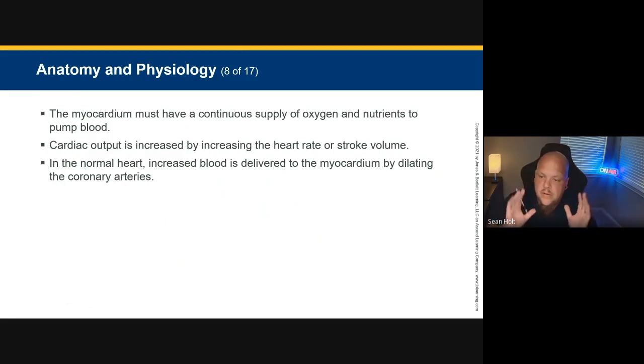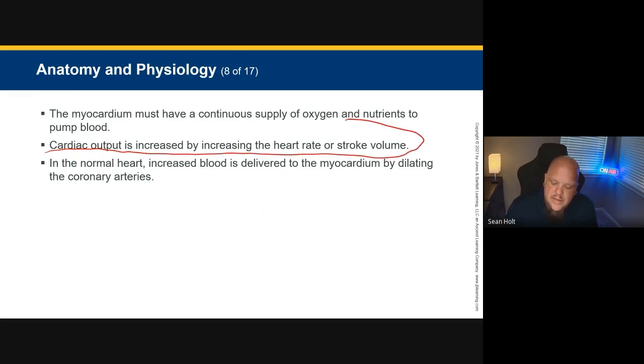That's in the hospital setting or definitive care. Okay, but cardiac output can be estimated by saying, hey, we either have good stroke volume and an adequate heart rate, or we don't. Okay, how do we know if we have adequate stroke volume?